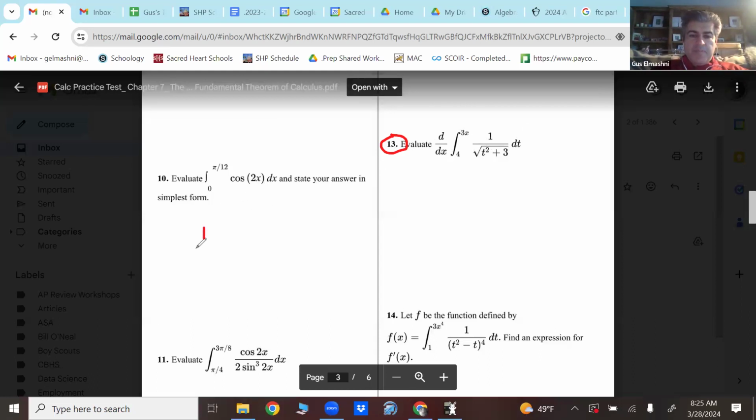But let's do this. Let me show you what happens, and then I'll give you the theory. Here's what you do. Because the derivative and integral knock each other out, right?